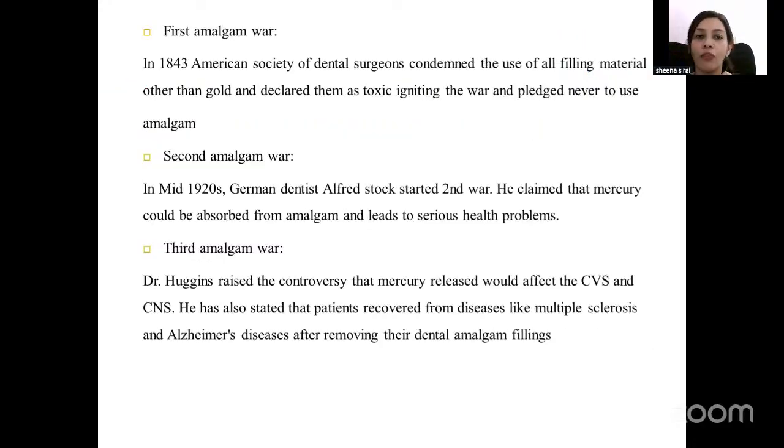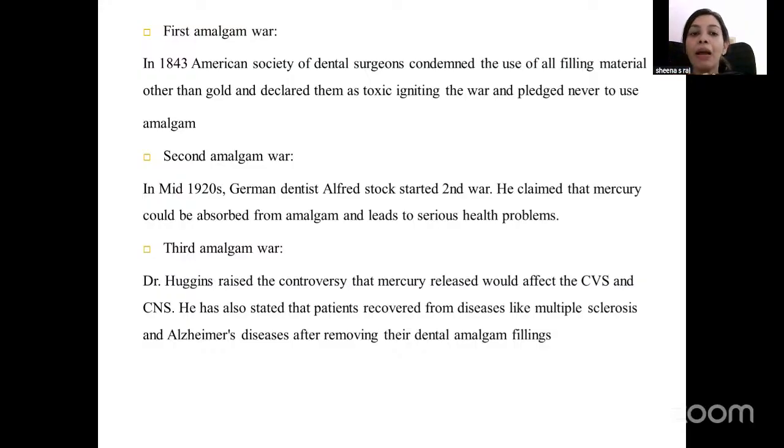The first amalgam war was conducted by the American Society of Dental Surgeons in 1843. It was a conflict between amalgam and gold, and they thought gold was superior given the toxic effects of amalgam.